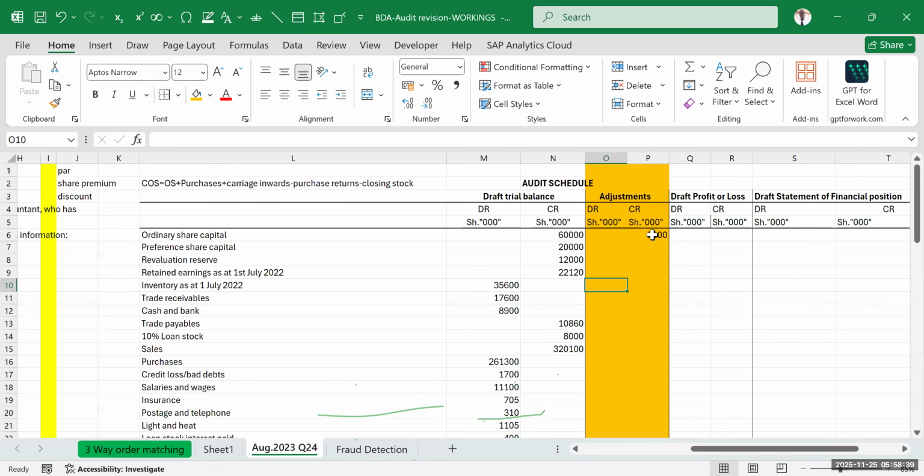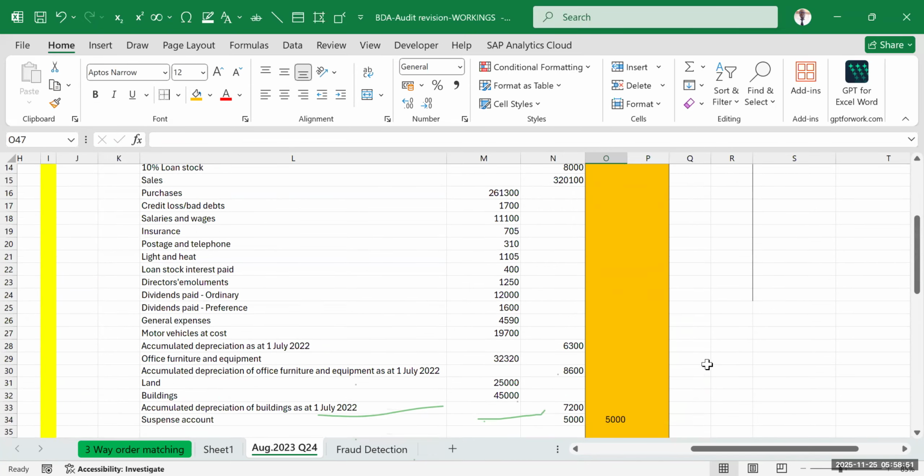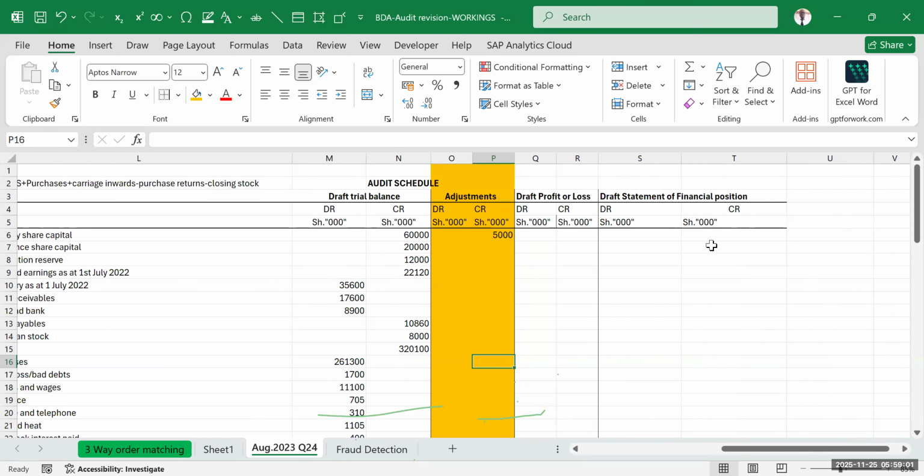So once you've done that, you will always realize that your balance sheet should always be balancing. Your balances should always be the same at any given time. So for every debit, make sure you do a credit. That is how to adjust. So that one adjustment is done. And once we have adjusted it, we can now go ahead and post it where it should go.